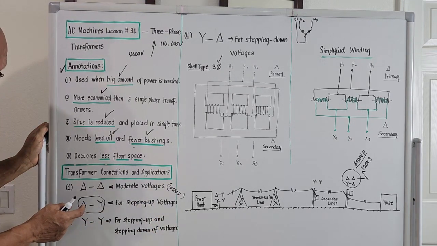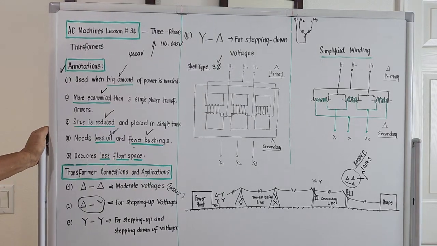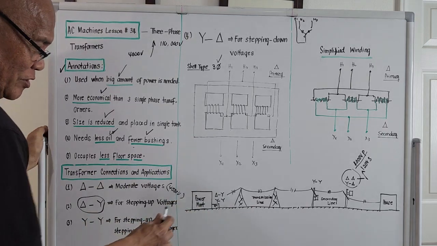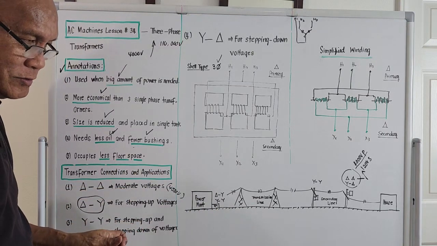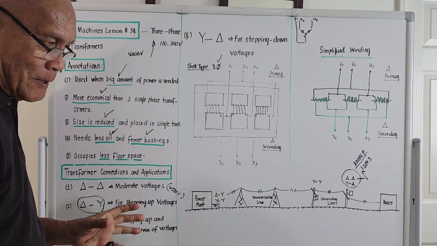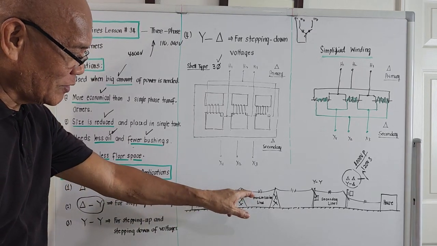And where could this transformer be located in the electrical system for stepping up? It could be near the power plant. Because before we deliver that voltage to the customers, we must feed it to the transmission line.